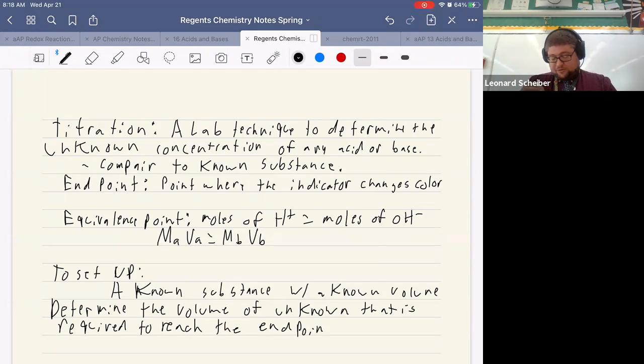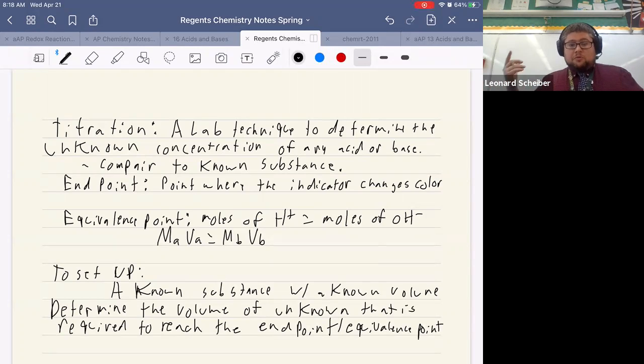I'm sorry, the endpoint or the equivalence point, yeah. So what we're doing is we're adding this unknown into our known, and we're looking for that color change.